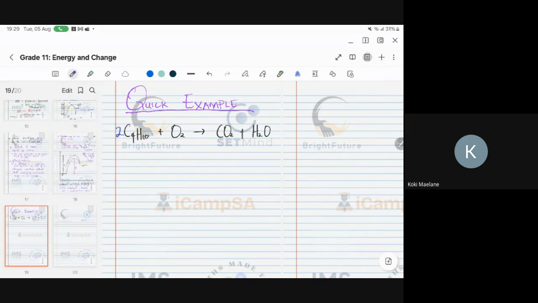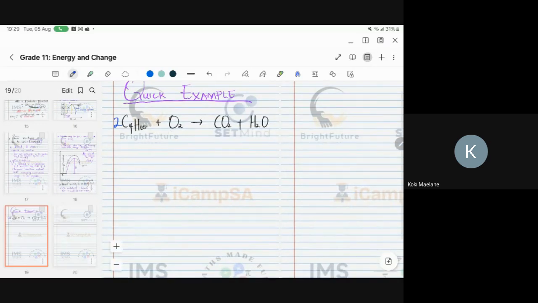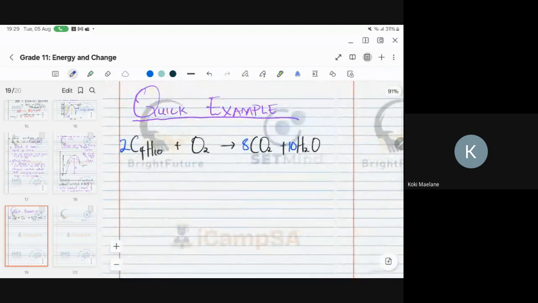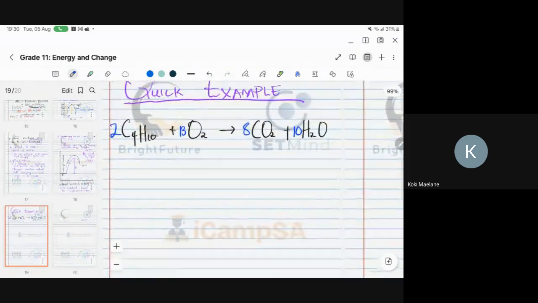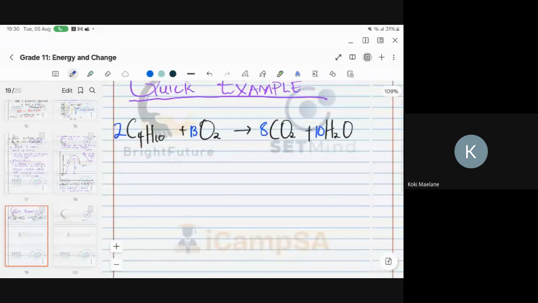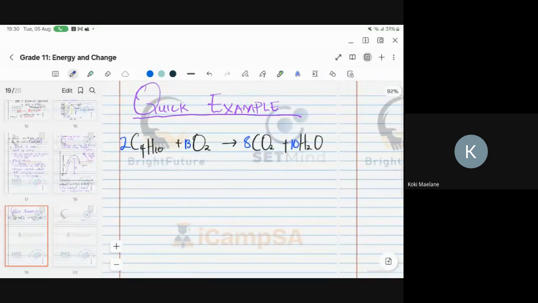You can put a 2 here, an 8 here, and this should be 13. By now you should know how to balance equations, so for this lesson, I won't really teach you that. If you practice enough, you can balance equations quite easily, but for today, we're not focusing on that.